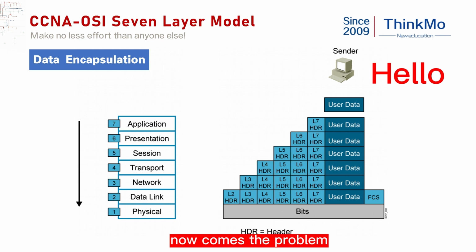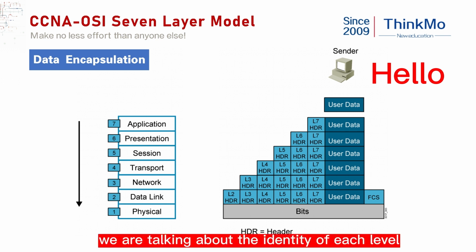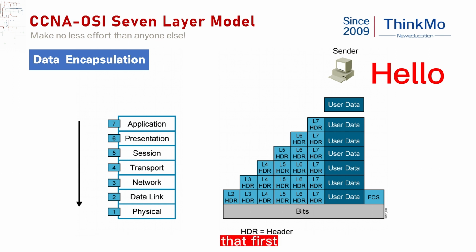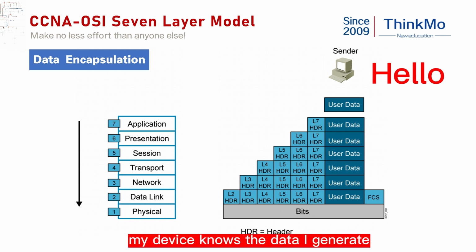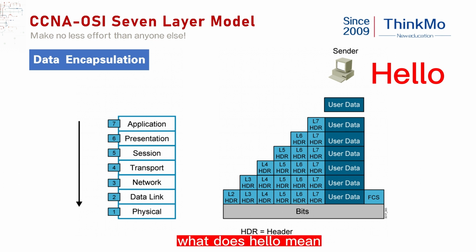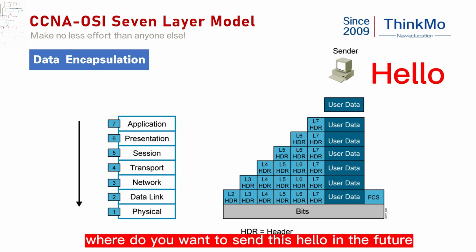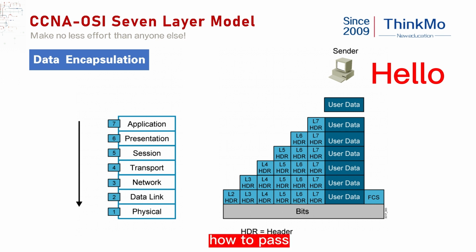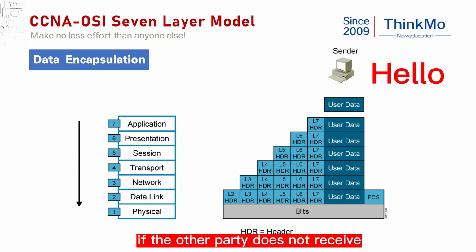Now comes the problem. Our device is just producing a hello. If this data doesn't go through anything else, without the identity of each level, first, my device doesn't know what the hello I generate means. Second, it doesn't know who to tell, or where to send this hello. How should it be passed? If the other party does not receive it, is any response needed?